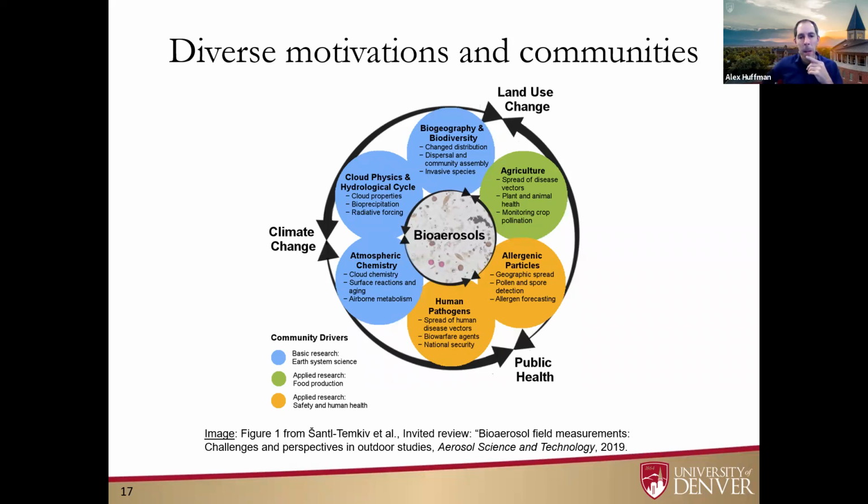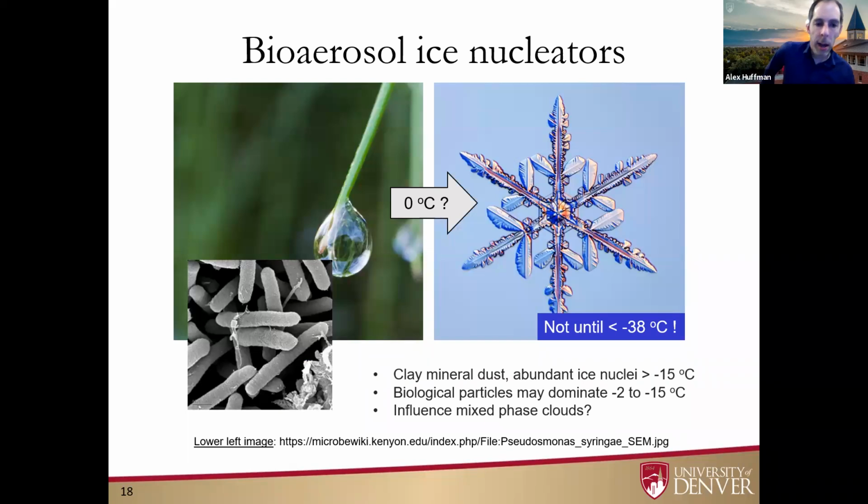Okay, next. So one of the reasons we care about bioaerosols from an outdoor perspective is their interaction with cloud processes. And so their ability to nucleate ice is one reason we may care. And so depending on how much you know about ice formation, liquid water doesn't freeze until less than about -38 degrees C unless you put something inside it.